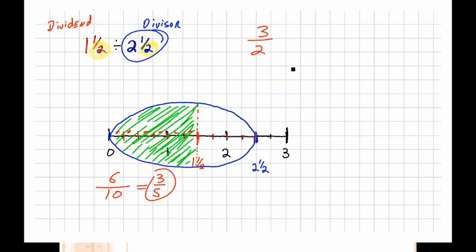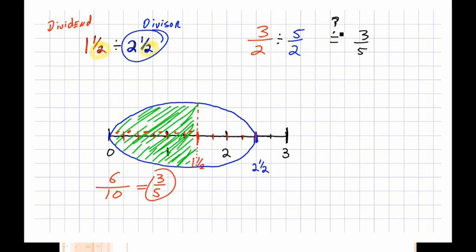And our 2 1/2 written as an improper fraction. 2 times 2 is 4, plus 1 is 5/2. Now, let's see if this is actually equal to 3/5. I'll put a little question mark there.